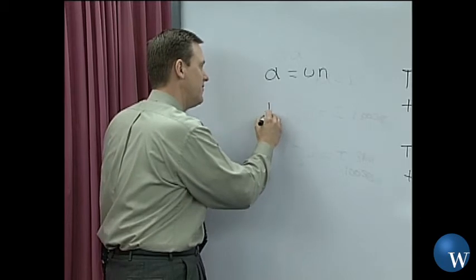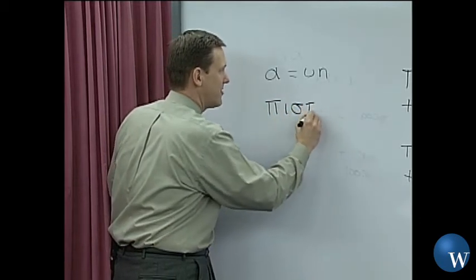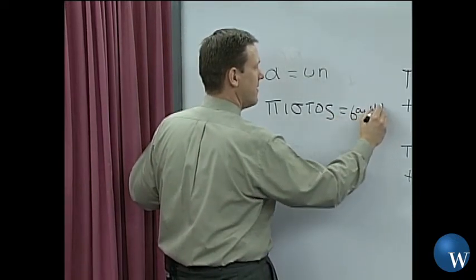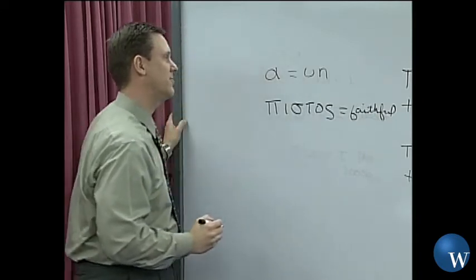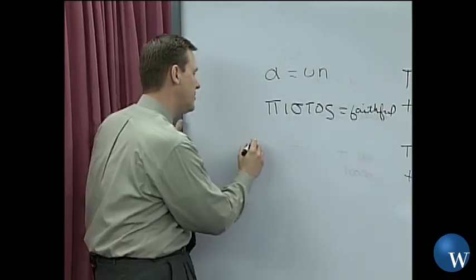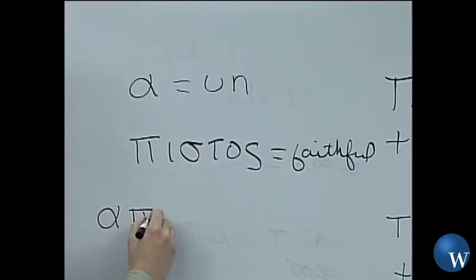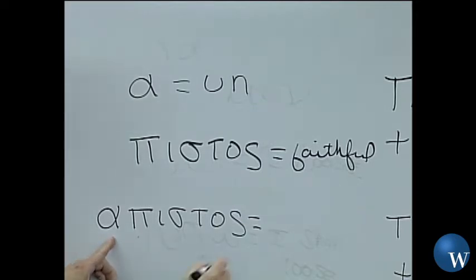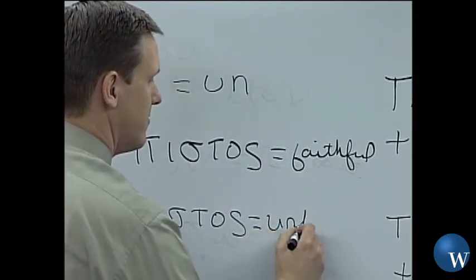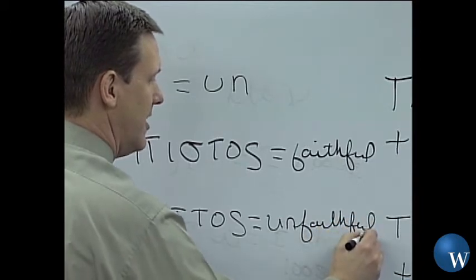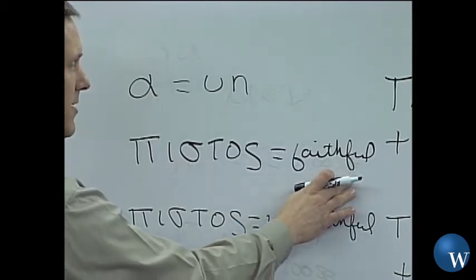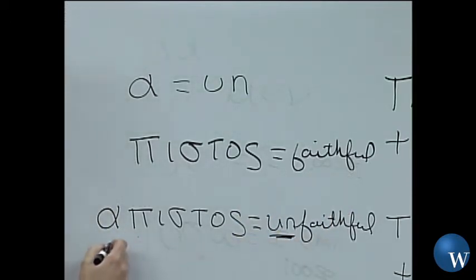If you took the word pistos, which means faithful, and you prefixed the alpha before that word, apistos, that would mean unfaithful. Just as in English, that word un negates: here you have faithful, here someone is not faithful. And so you have a morpheme, a unit of meaning.